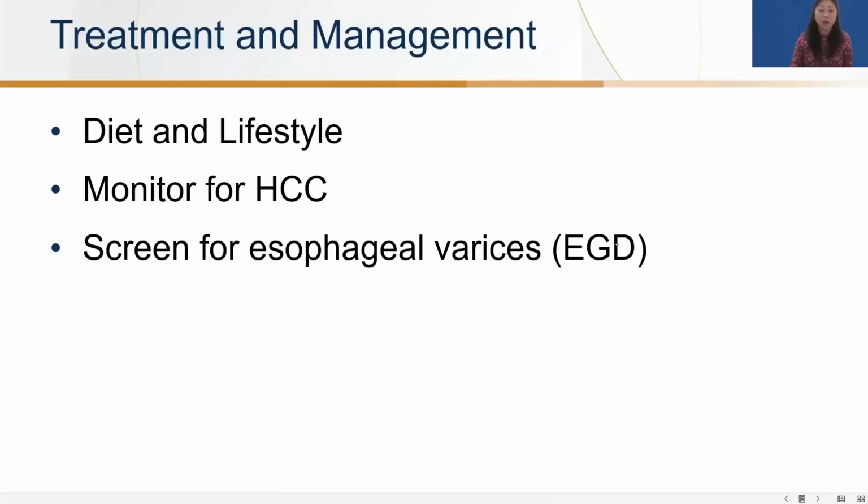So therefore, this patient would need an upper endoscopy to screen for esophageal varices. And if his EGD shows that he has medium or large varices or even small varices with high risk features for bleeding, you would want to start this patient on primary prophylaxis with a non-selective beta blocker to prevent bleeding.